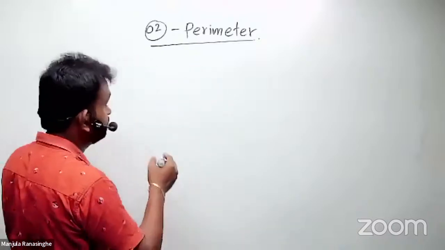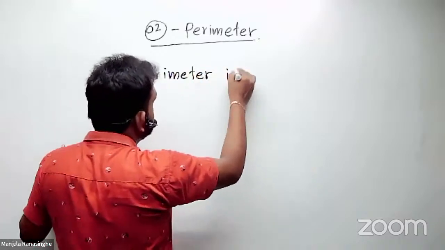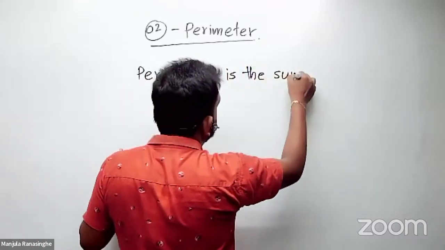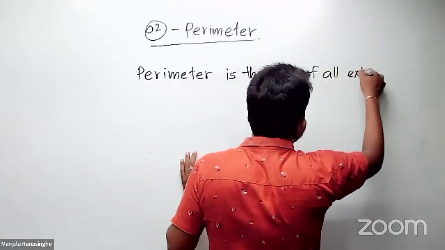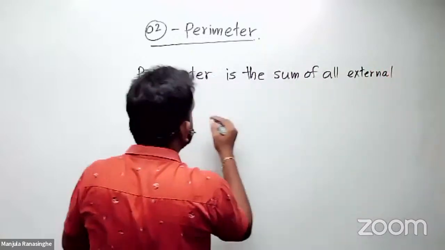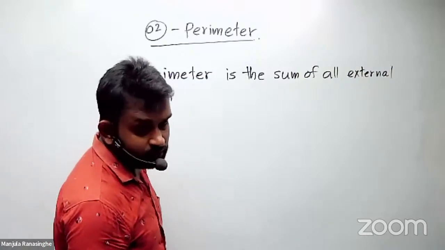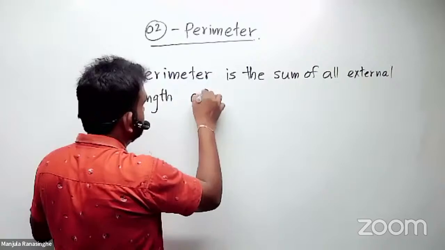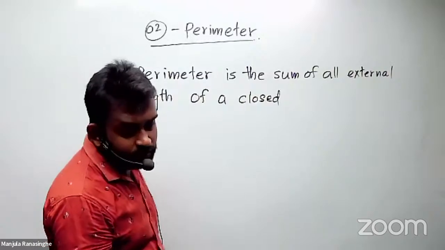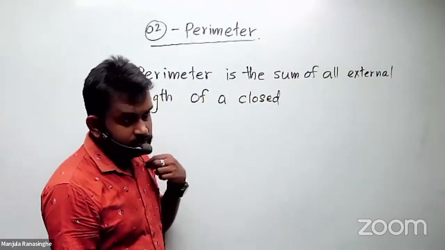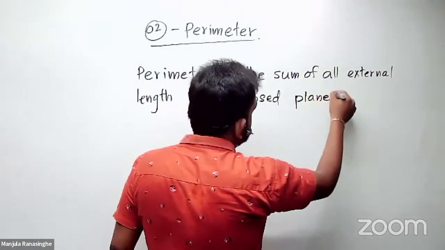Perimeter is the sum of all external length of a closed plane figure.